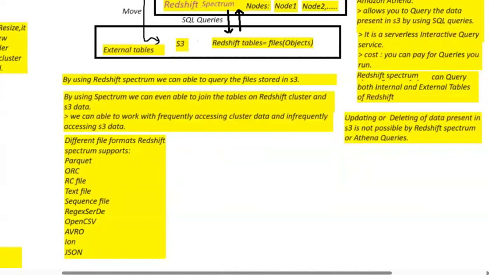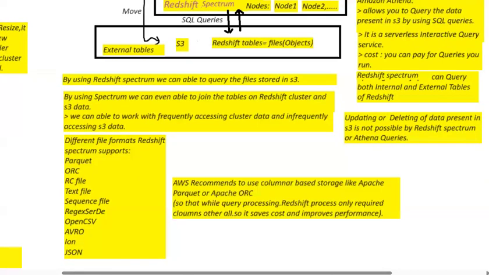So it avoids unnecessary scanning of columns, and it will save you cost, right? Yes. Because of it, if we use this column format, Spectrum nodes process the data, right? Yes.